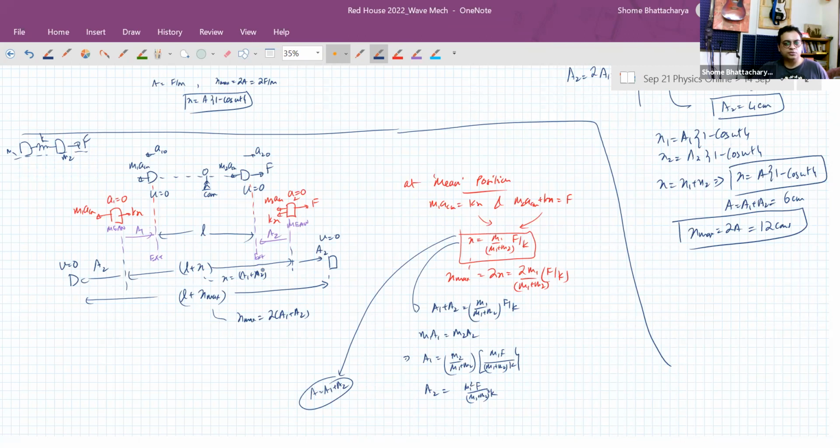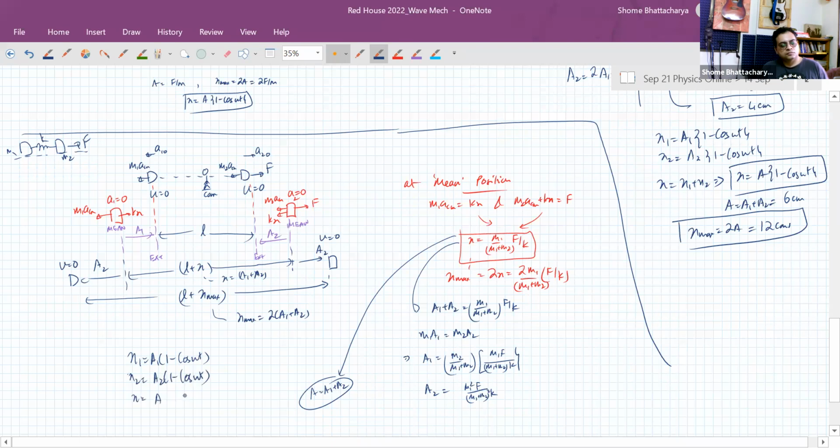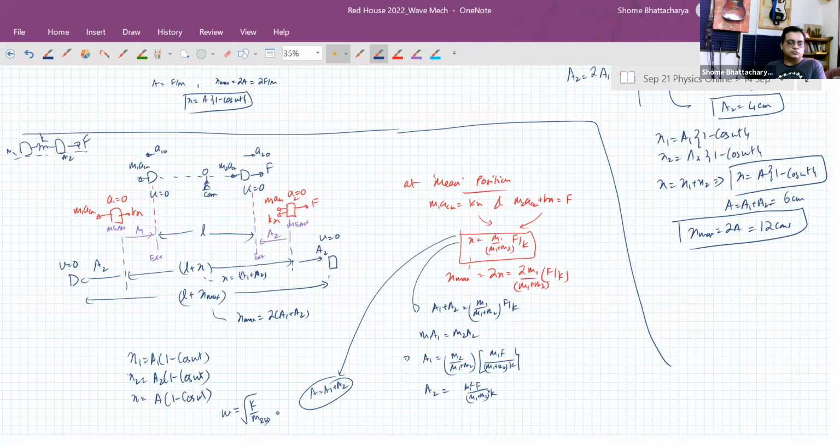More of it actually has to do with center of mass, motion of center of mass, and FBDs in center of mass frame, those kinds of analysis. Okay, so hope this is clear, people.